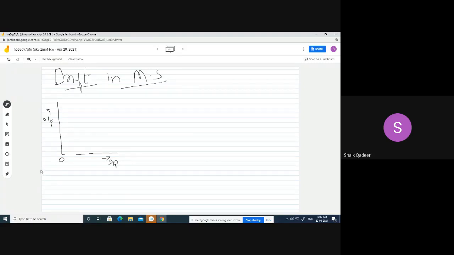Suppose the ideal curve is like this, and the actual curve is looking something like this.